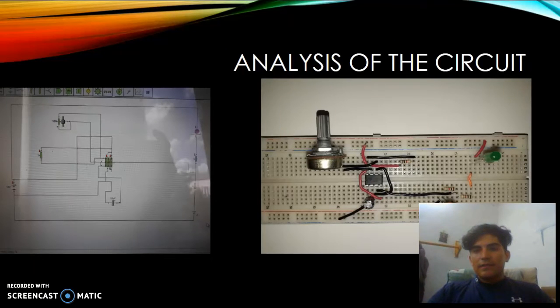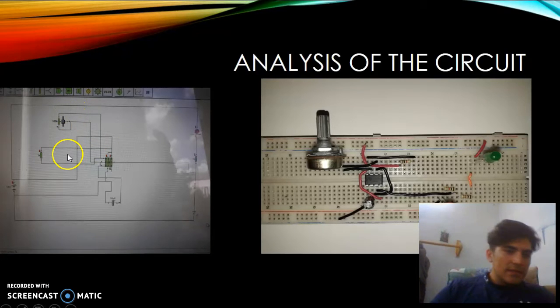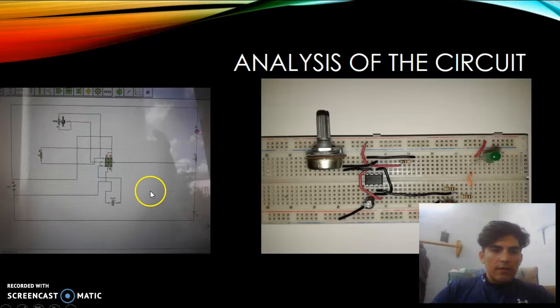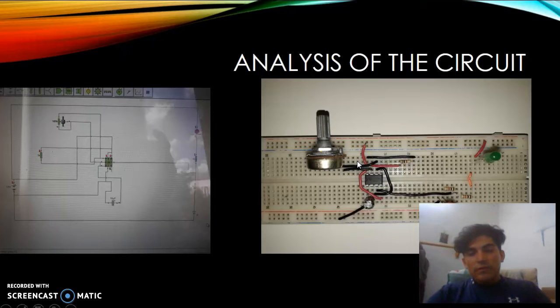We have the analysis of the circuit. My circuit that I have made in class is this. This is a program, Crocodile. We made this at my home, and then I constructed it in physics.